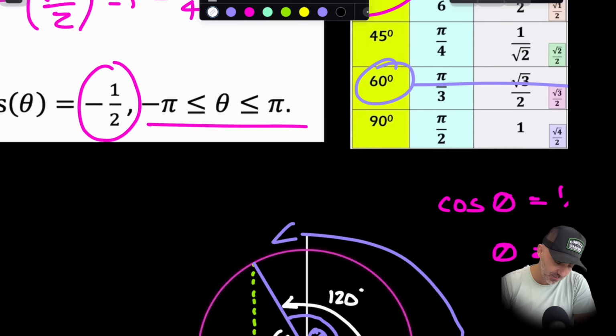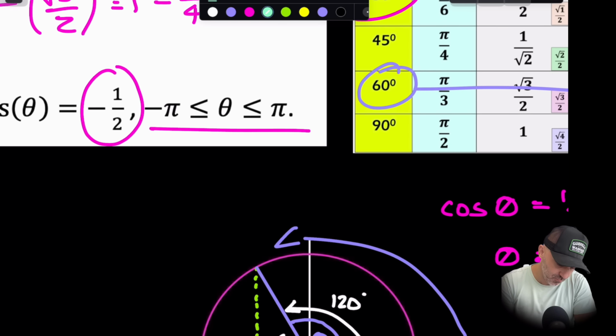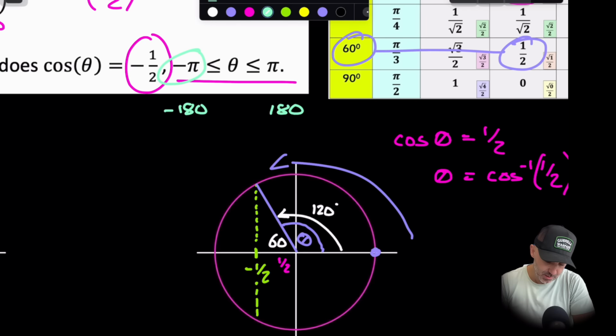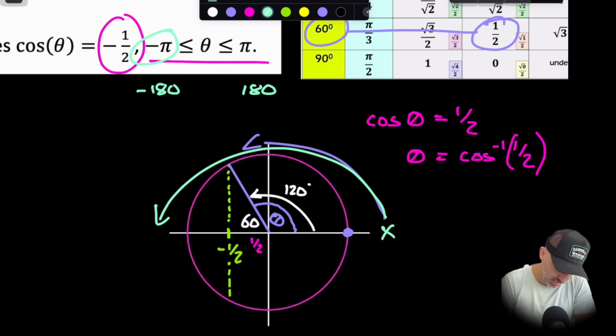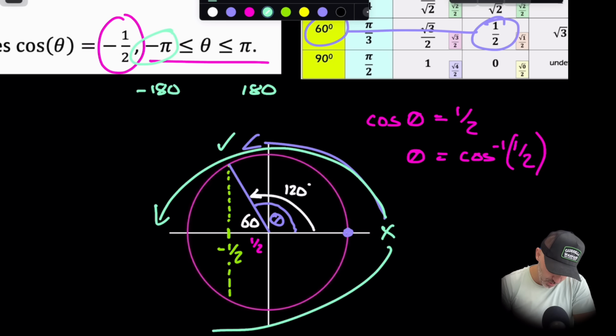And it would seem like we might have answered the question there. But if you look very carefully, it says the domain can run from minus pi, that's minus 180, to 180. So the window we're looking for is moving 180 round to here. I would say I have found that first angle, but we must stop, and then we have to go the other way.